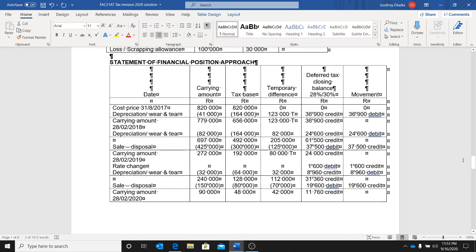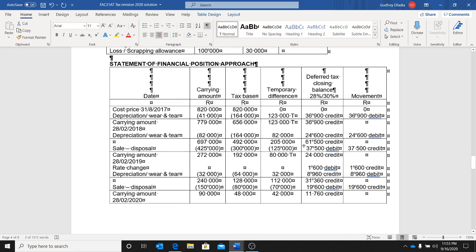Then I went here and said, okay, the movement for that period is this one and this one, and I get my 12,900. You can even see it from this side here, these two. That will give you the 37,900 as you see it in the balance sheet as a debit.